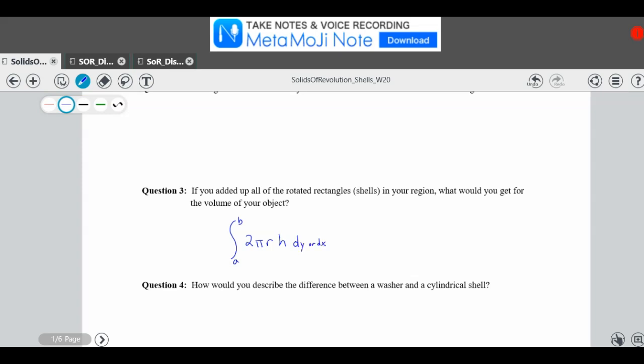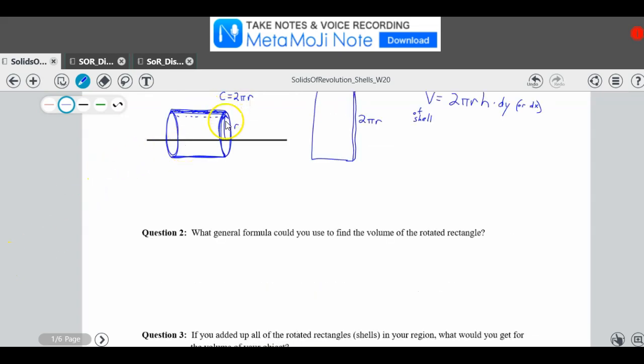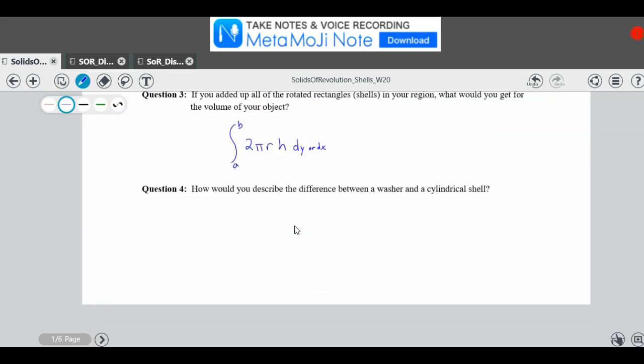So you'll be looking at where my rectangles run vertically, height A to height B, or if they're up and down, left to right, A to B.